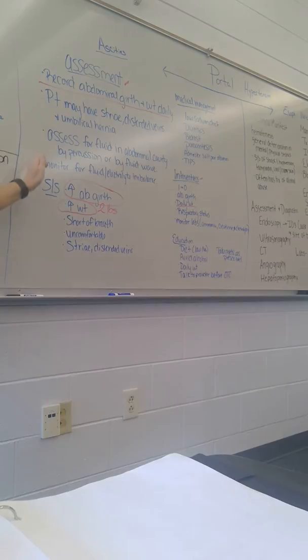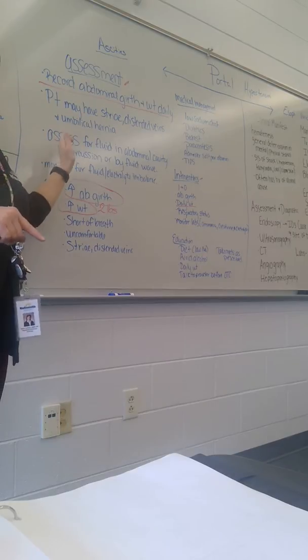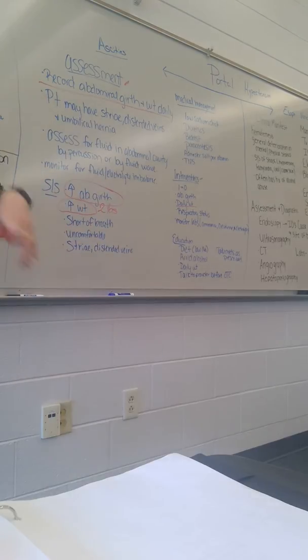Now we're going to check everything else. We're going to check their I&O and make sure that's going to be an ongoing thing that we're going to do. But every morning we want to check this and make sure that we're doing all of those things that we just said to monitor their weight. Because if they put a 2 pound weight gain on, I want to see if it is accumulating in their abdomen, or do they have edema in their lower extremities?